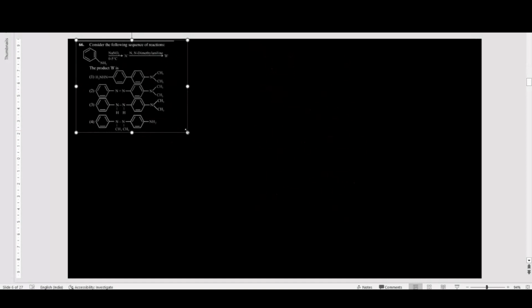And now let's see one more. Let me zoom it. They have given this, consider the following sequence of reactions. They have given aniline, let me write it here.